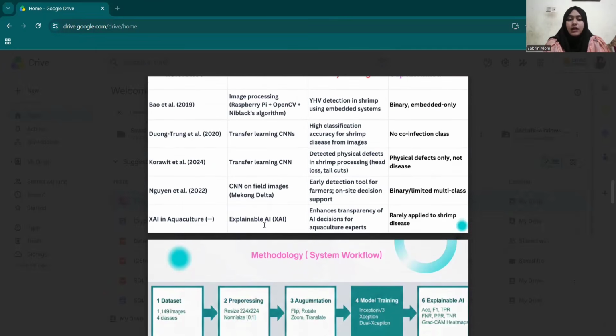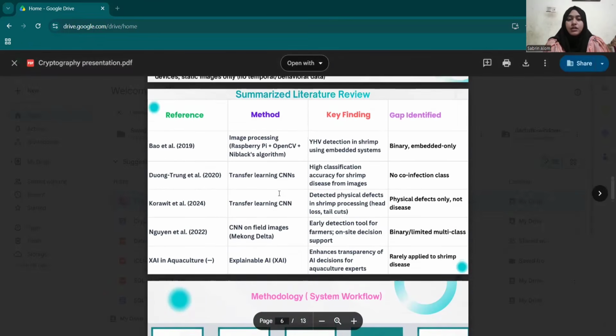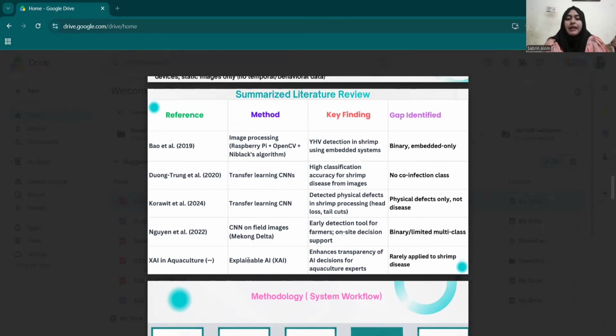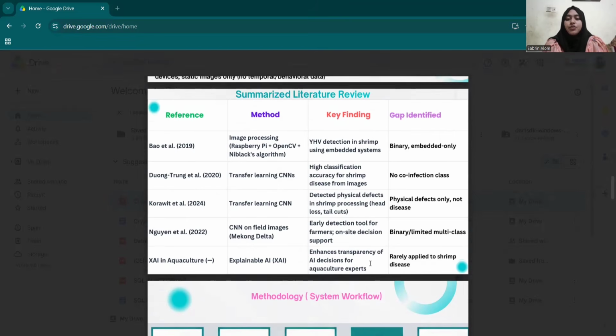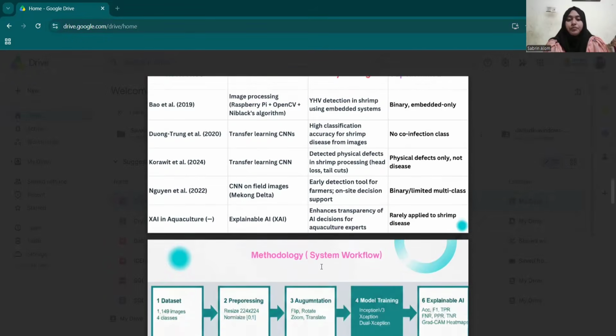XAI in aquaculture. Here we are using the method explainable AI, and the key finding is enhanced transparency of AI decisions for aquaculture experts, rarely applied to shrimp disease.